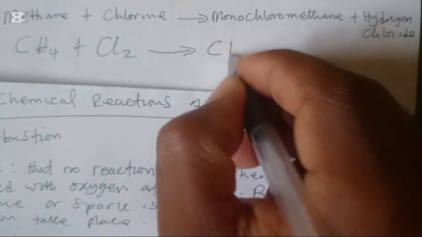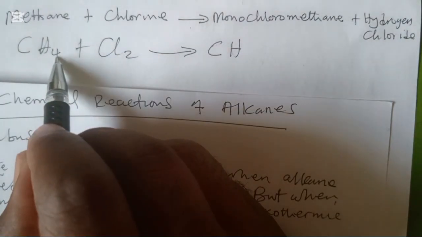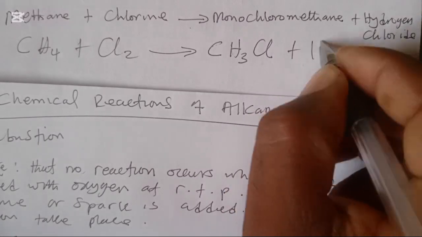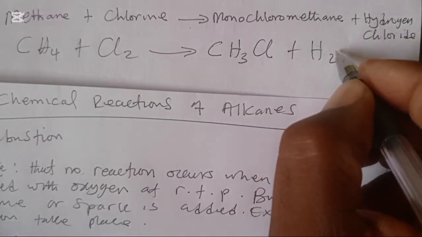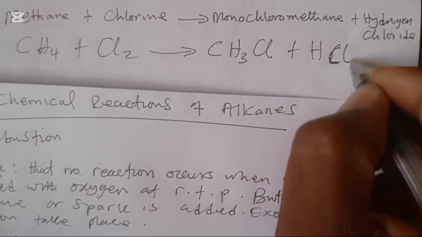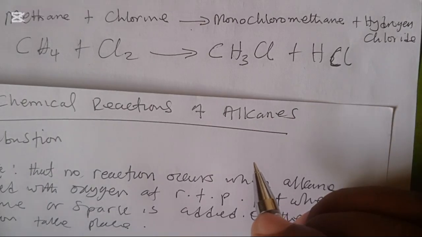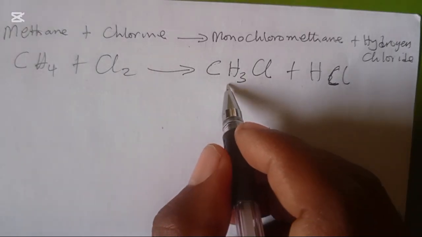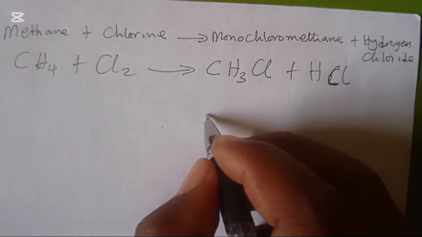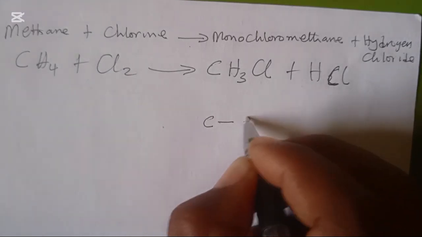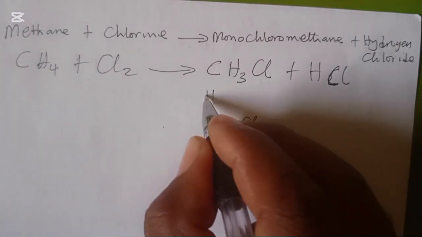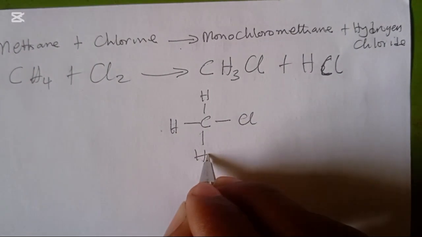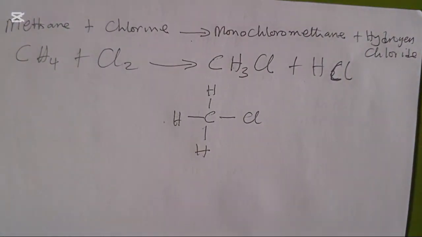So we are going to have, when one hydrogen atom is replaced, we remain with CH3Cl plus hydrogen chloride gas. That's what we have. So for the structural formula that we have, this is what we have.